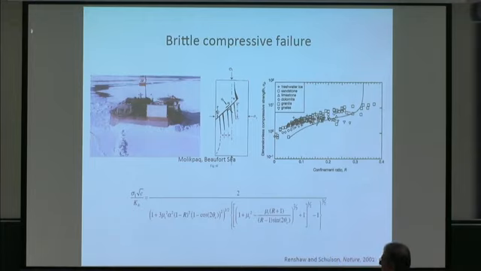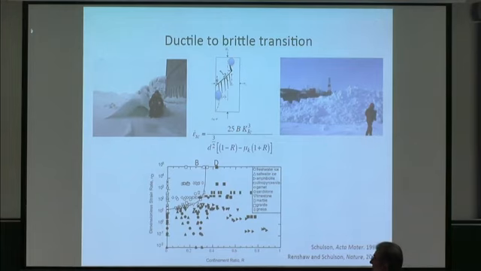Again, friction. And here, related to that theme, is an explanation of the transition from ductile behavior when ice is deformed rather slowly to brittle behavior when compressed rather rapidly.